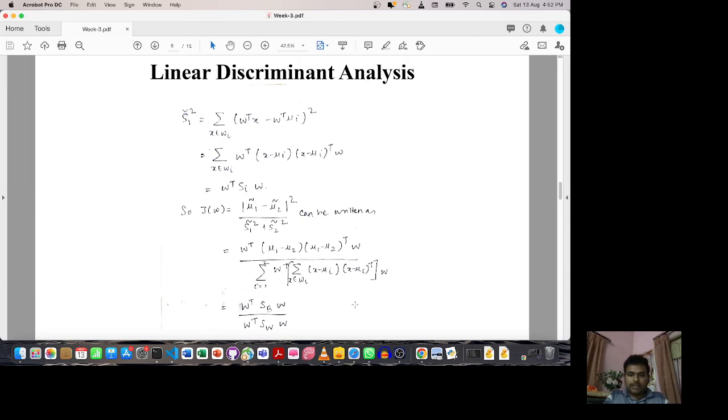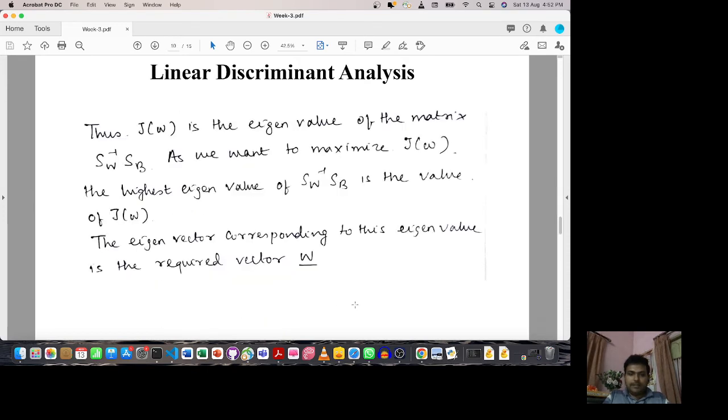We compute the matrix SW inverse into SB, take the highest eigenvalue of that matrix and get its eigenvector, and that is the vector we want to project onto. That is all there is about linear discriminant analysis.